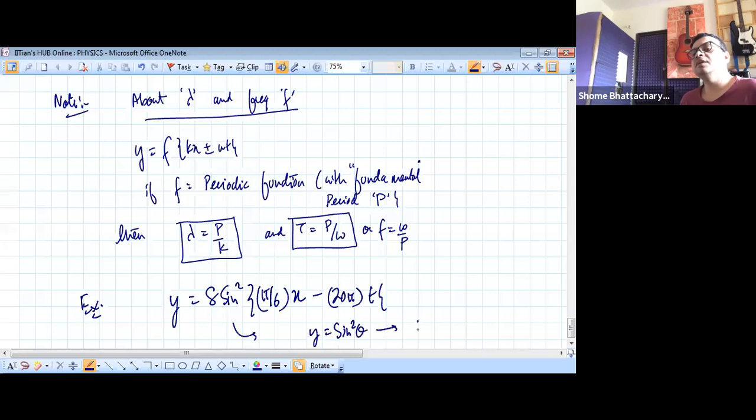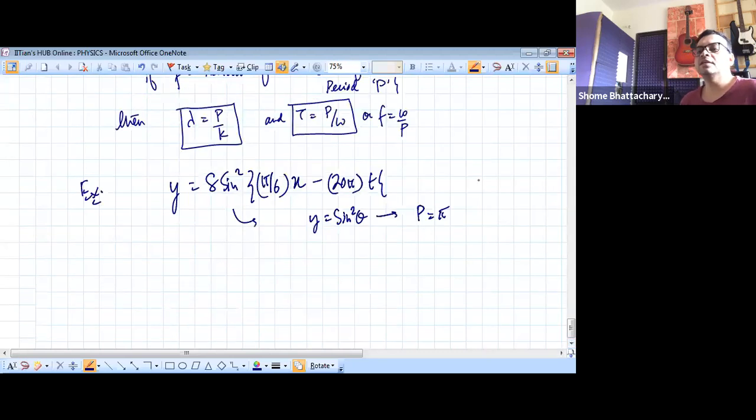So it has a fundamental period of how much? Pi. Sine square theta repeats itself every pi. That we had seen earlier. So this is the fundamental period.